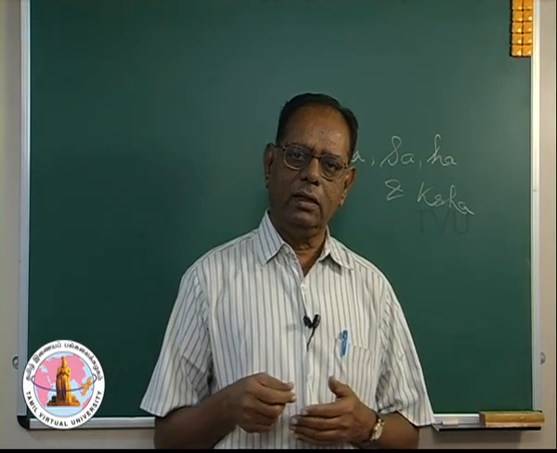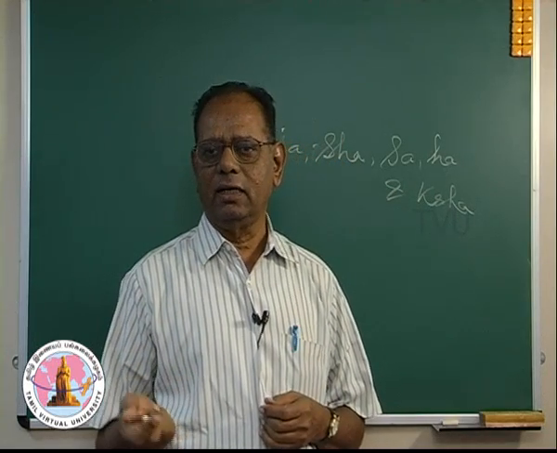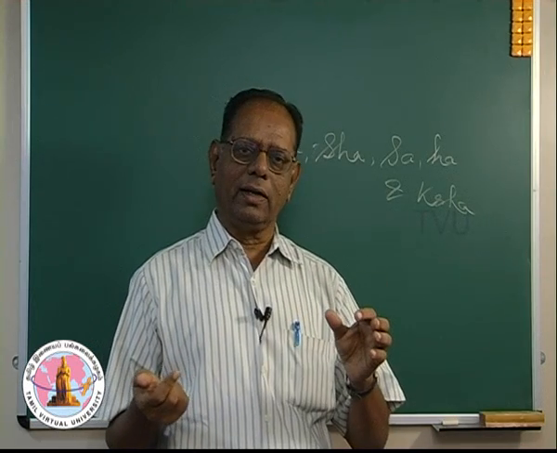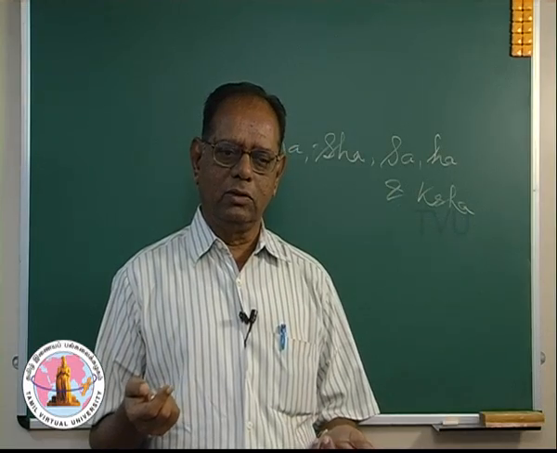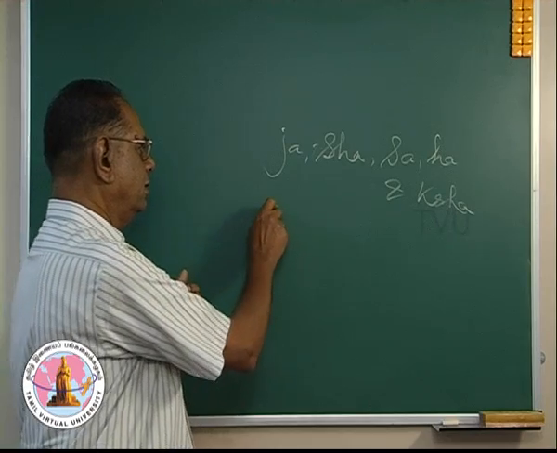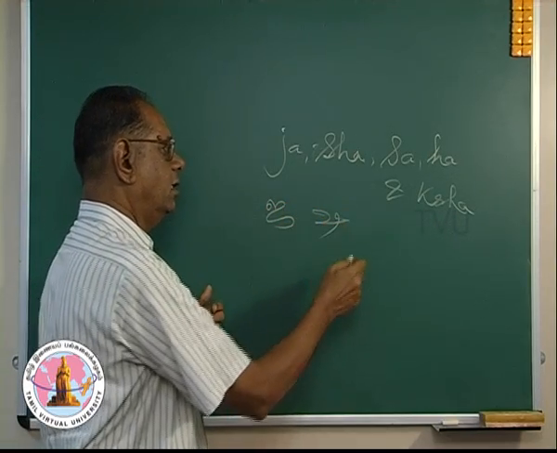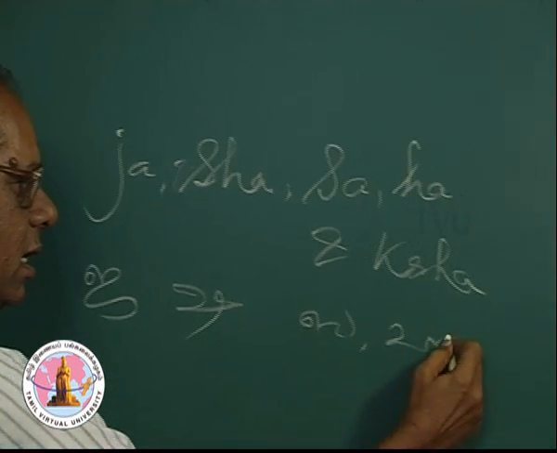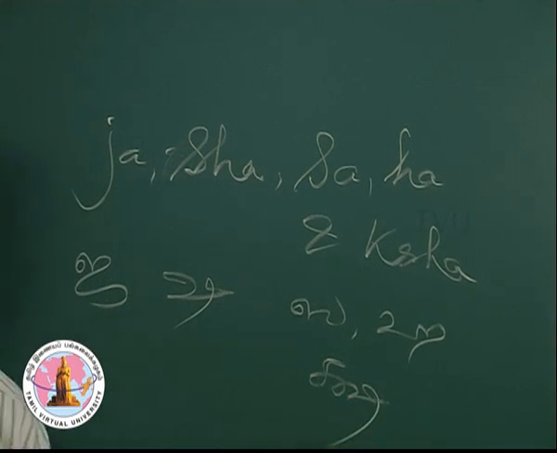That way, with a slight adjustment or modification of each letter, we could produce a new letter giving it a new sound. So, that way we had ja, sha, sa, ha and sha.